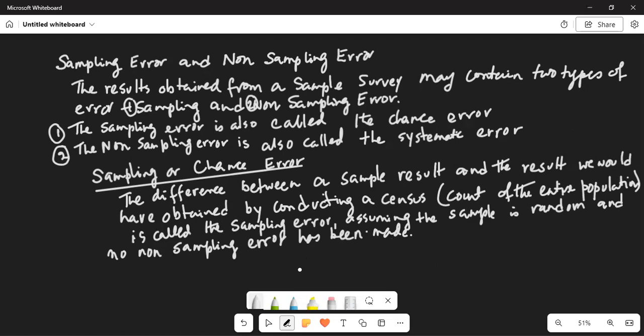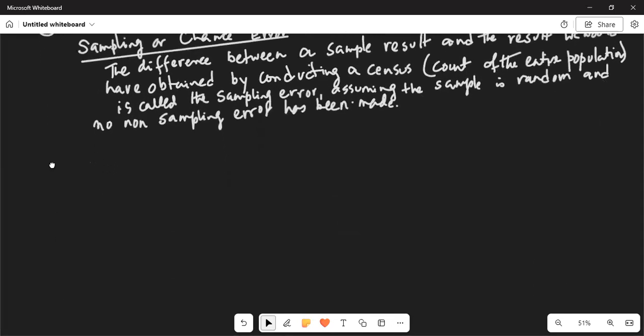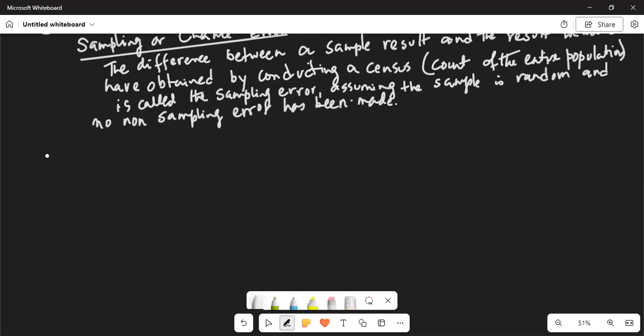Okay, so let's create some space. So the non-sampling error, let's define this. What is non-sampling error?